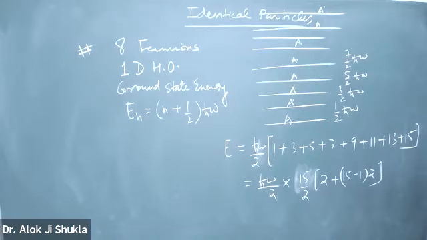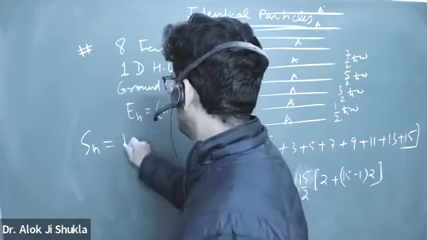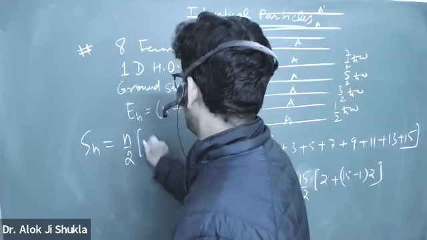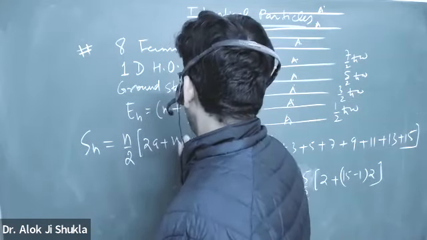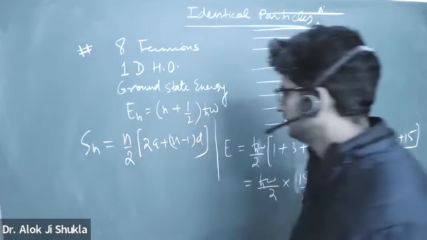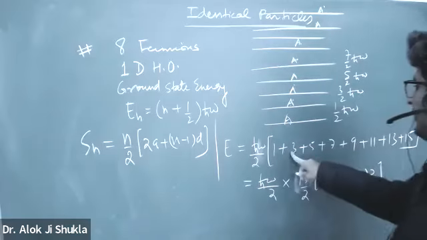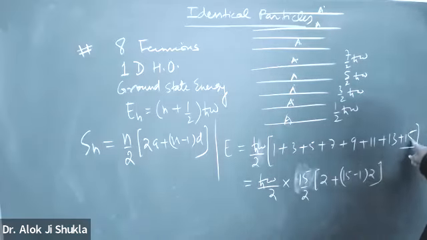सर, तो ये फॉर्मूला एक बार बता दीजिए. Sum of n terms of AP is n by 2 into 2a plus n minus 1 times d, which is common difference. So n is 8, 1, 2, 3, 4, 5, 6, 7, 8.